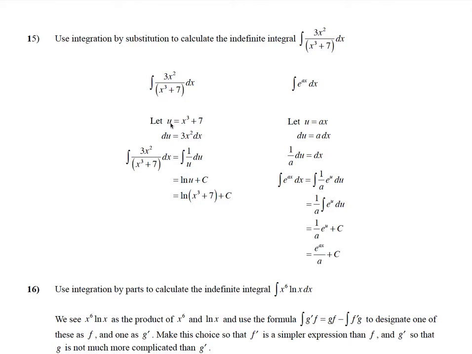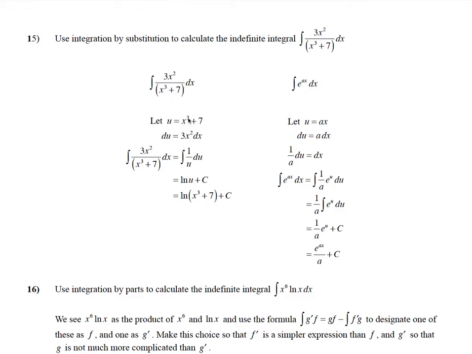So we let u, and it could be any variable but u is customary, equal x cubed plus 7 as our substitution. Then differentiating both sides, we have du on the left. The right side gets differentiated using the chain rule.